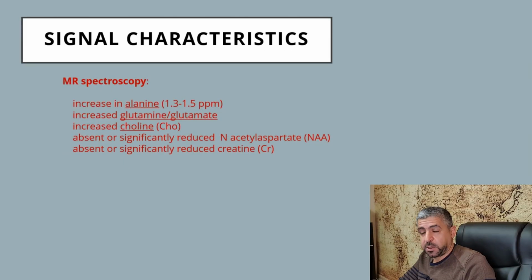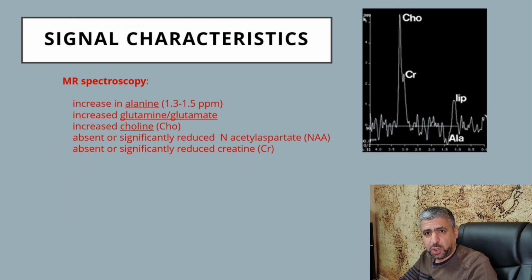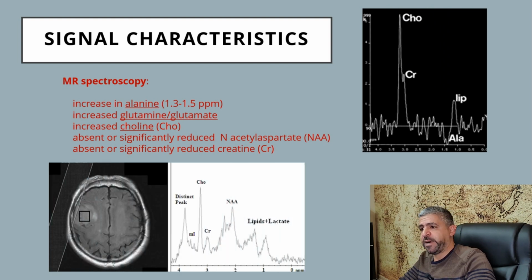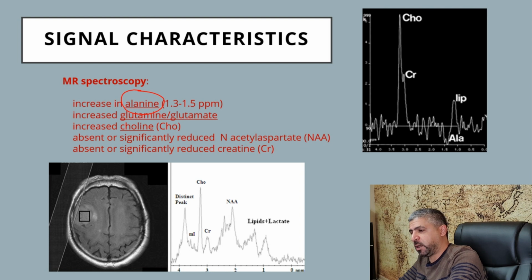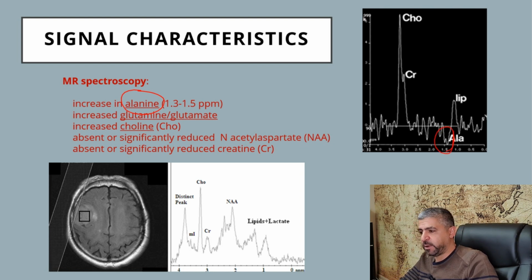On MR spectroscopy, there are some criteria that we need to look for. We usually don't do MR spectroscopy for meningiomas, but there are some findings. For example, there is an increase in the alanine peak, which we can see here. The alanine peak is showing off.